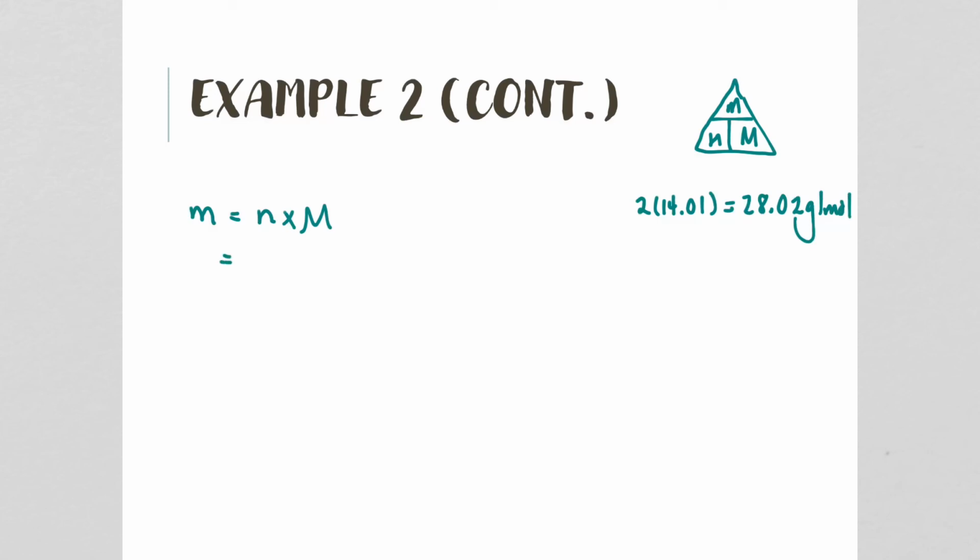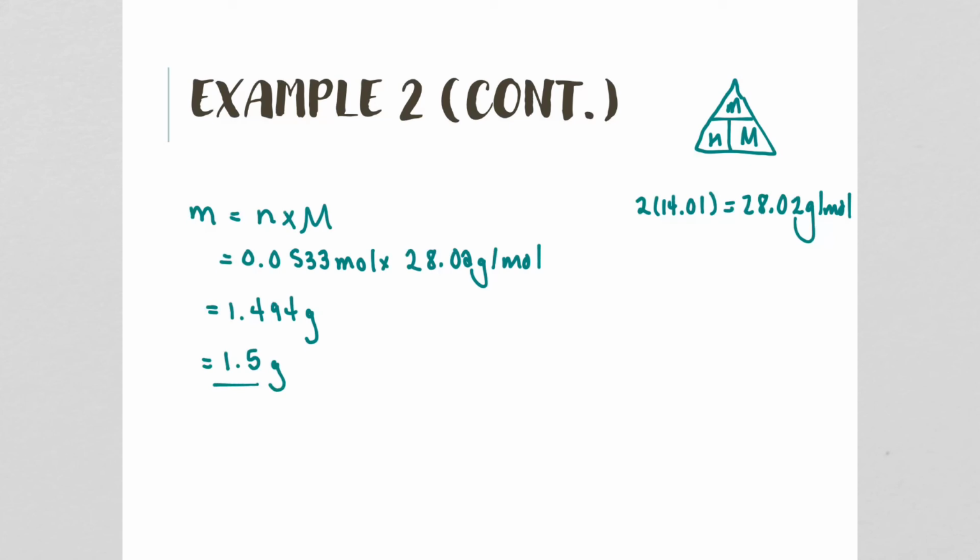And we had 0.0533 moles times the 28.02 grams per mole. So that is equal to 1.494 grams. But our original question was in 2 sig figs, so it would just be 1.5 grams. So that's what the mass of nitrogen gas is in 1 liter of gas at those conditions.